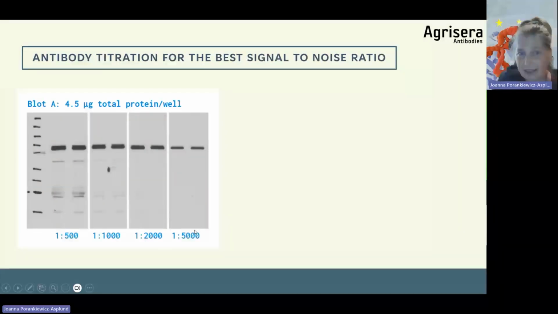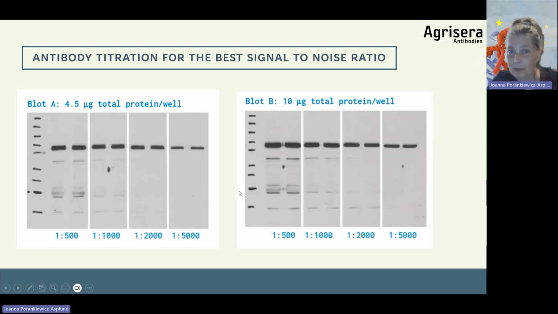Diluting primary antibody is, of course, diluting also the background. And in this example, with a higher protein load, we will have more background coming up. This kind of optimization can be done once you know how your protein-antibody pair is performing. So this is like refining the results and doing that titration.